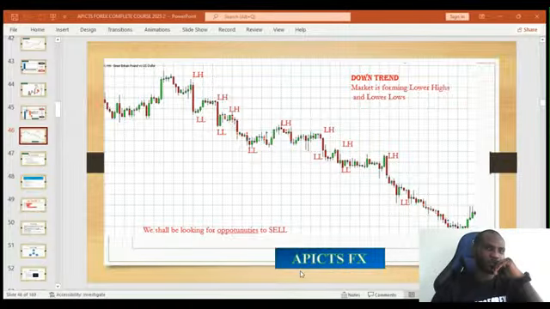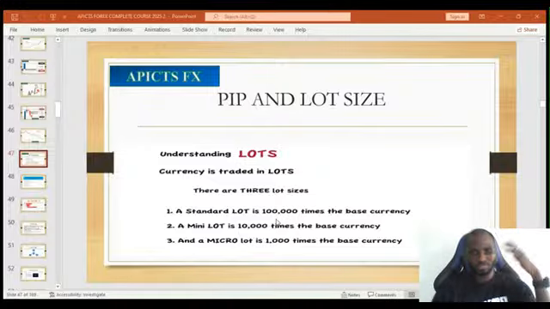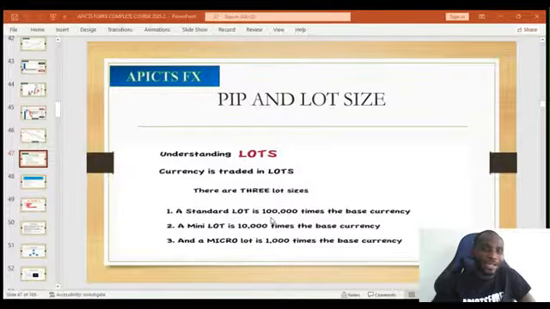Moving on. I introduced pip and lot to us yesterday. As you can see on your screen, there are largely three lot sizes.